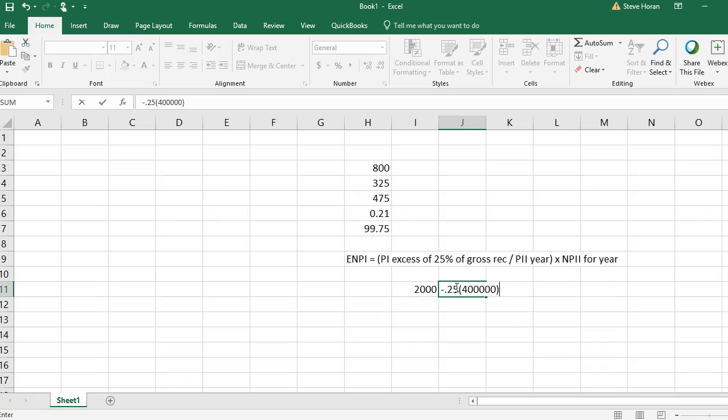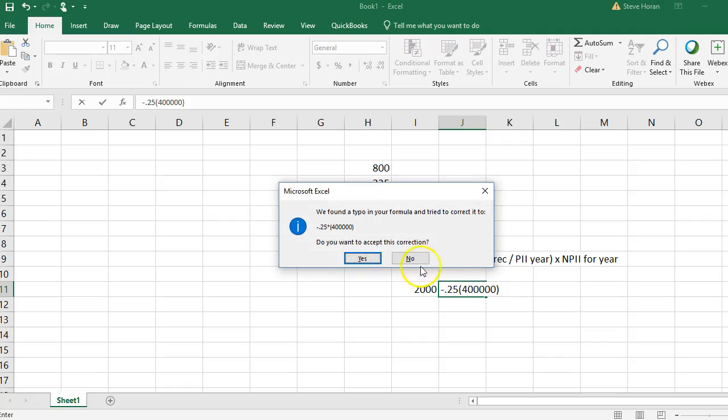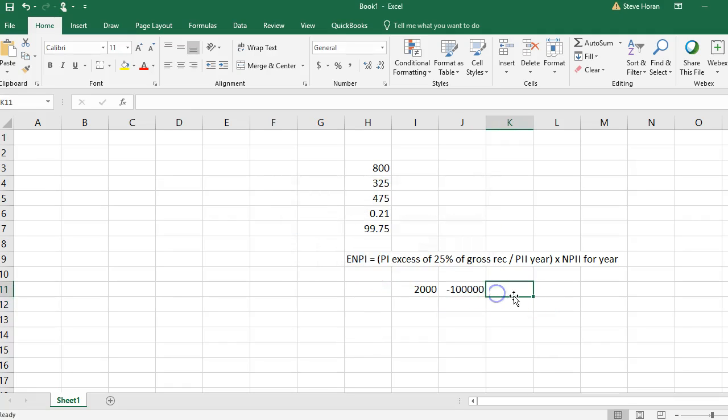So 200,000 minus 25% of 400,000, and I'm going to divide that by 200,000.